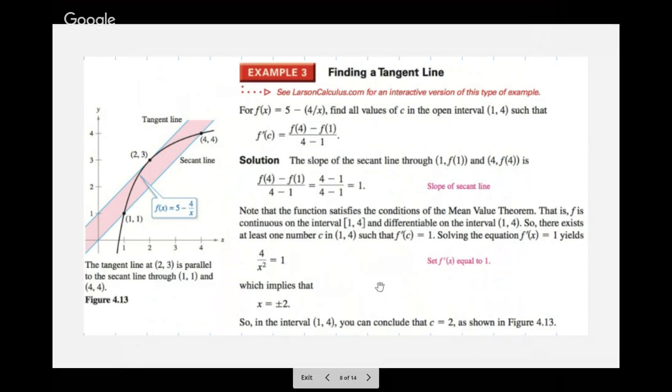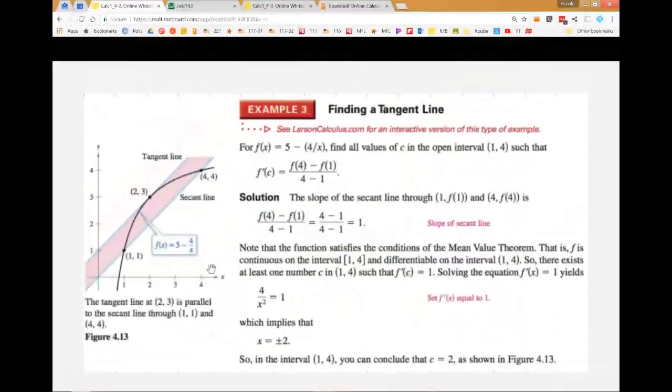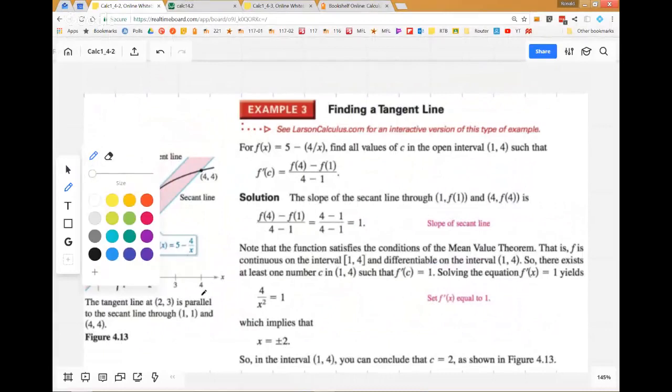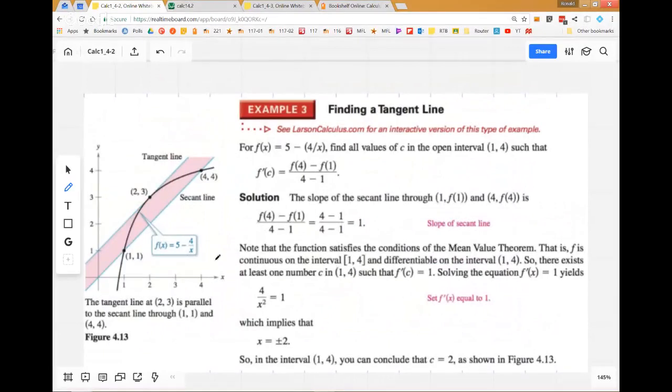They never showed this, but let's take the derivative. We've got 5 minus 4 over x. This is the original function. How could I rewrite that? 5 minus 4x to the negative 1 power.